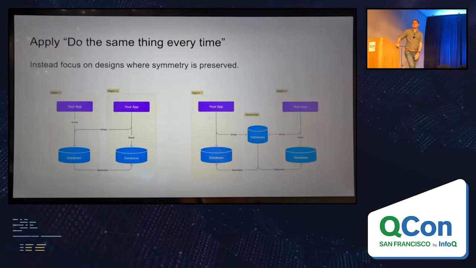Region 2 doesn't. So this would be an example of something that would create subtle bugs and should probably be avoided. The right-hand diagram, however, doesn't have this because we have perfect symmetry between the 2 regions. When possible, try to maintain this symmetry. That's a nice design because you maybe have a little more complexity. You have to stand up this global region of data.